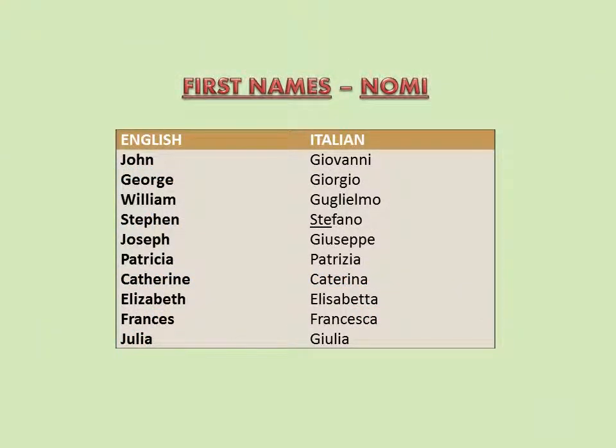Many common first names in English have Italian equivalents. Here are a few examples. John is Giovanni. George is Giorgio. William is Guglielmo. Stephen is Stefano.